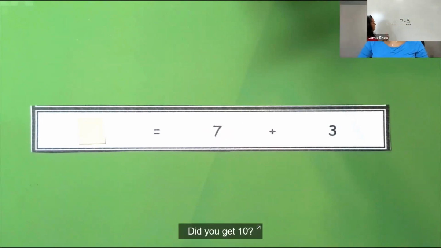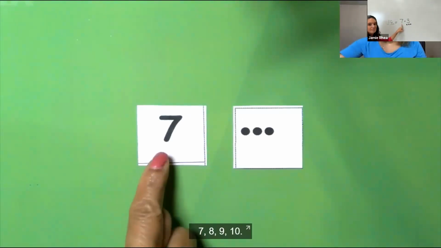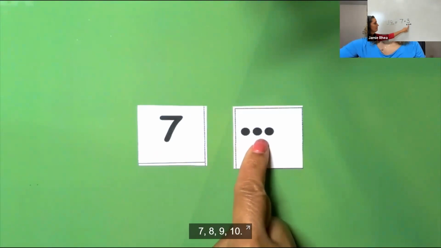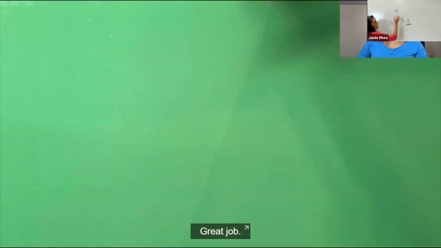Did you get 10? You get a point. All right, using number cards. 7, 8, 9, 10. Did you get 10? All right, so far we've got 2 points. Great job.